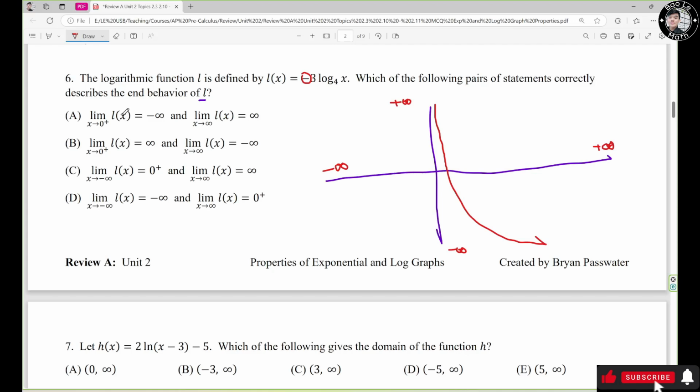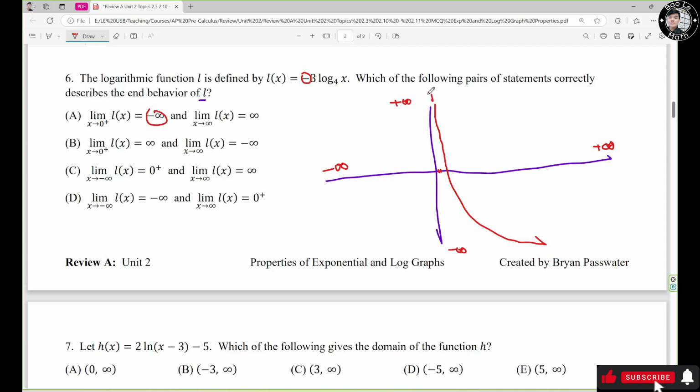Now we're going to check the answer choice. Limit of the function L of s when s approaches 0 plus, right? 0 plus, which means on the right hand side of the y-axis, right? So it could be right here. Right, the function approaches positive infinity. This one says negative infinity, so this is wrong, right?